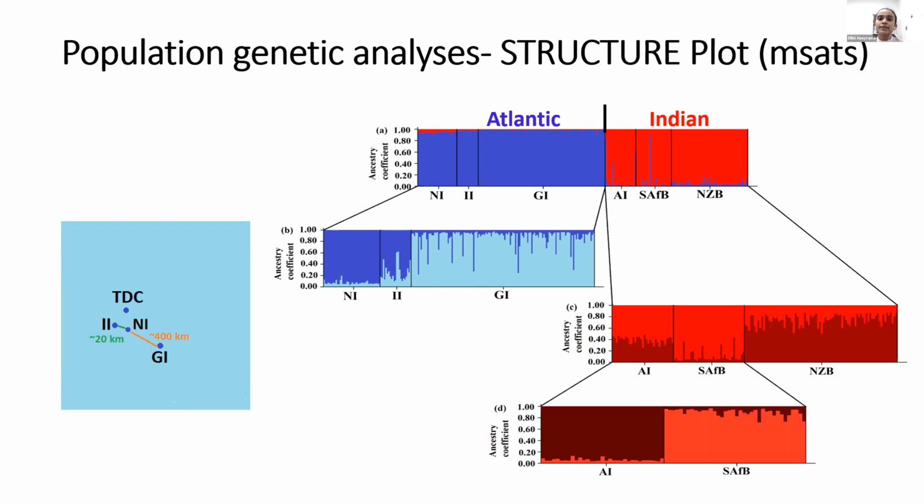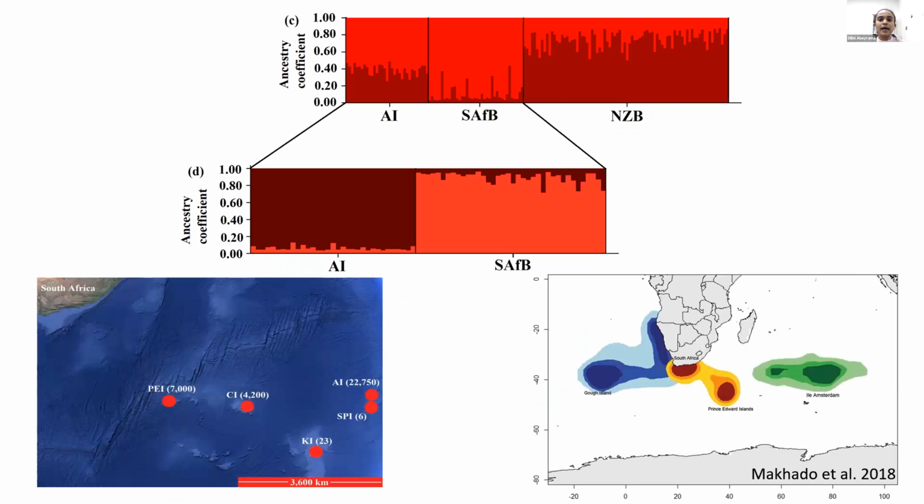And when we look at the Indian yellow-nosed albatrosses, we could see that all three groups were genetically different. When we analyzed all three populations together, the New Zealand bycatch samples were different from both Amsterdam Island as well as the South African bycatch samples.